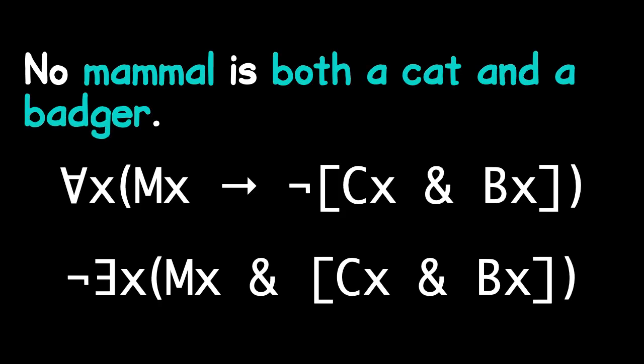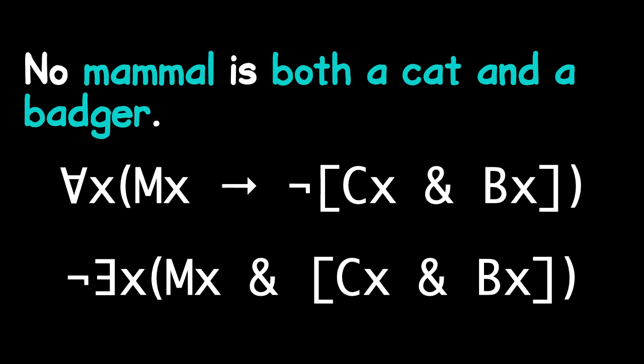Note that the properties which we connect together don't need to be single predicate letters. Consider, for example, this sentence. No mammal is both a cat and a badger. Here it's a no this is that pattern. This is a mammal, and that's both a cat and a badger.